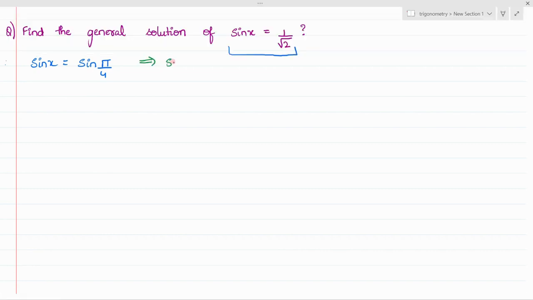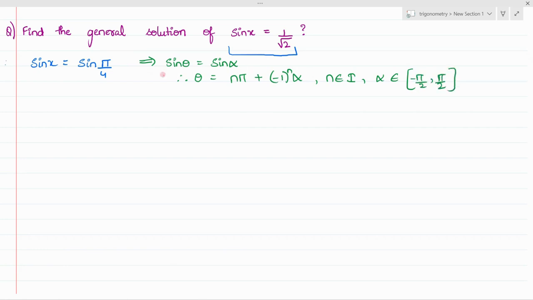Now this is in the format of sine theta equals sine alpha. Just now we have seen the general solution of theta will be n pi plus (-1)^n alpha, where n belongs to integers and alpha belongs to minus pi by 2 to pi by 2.